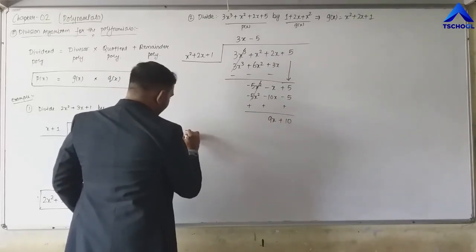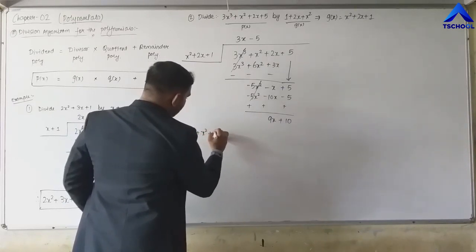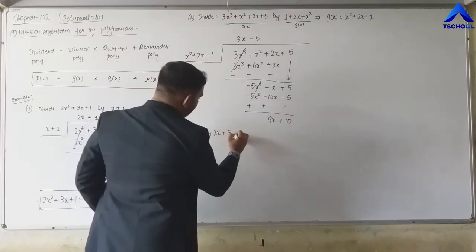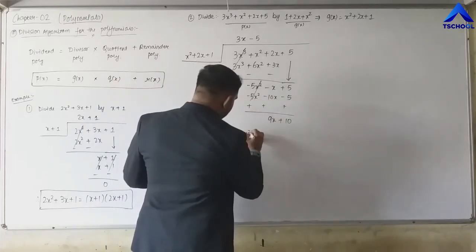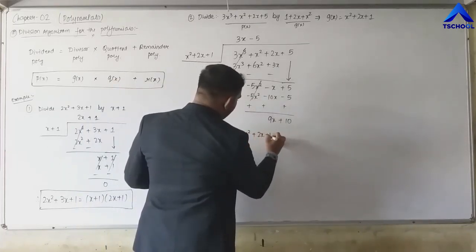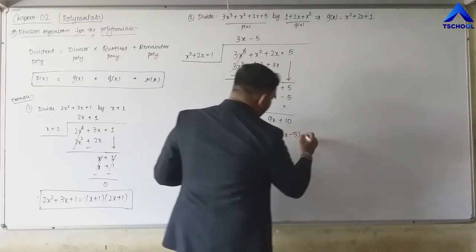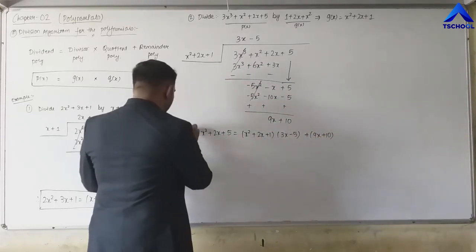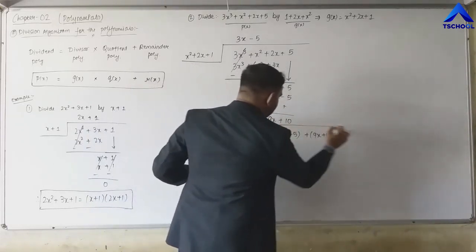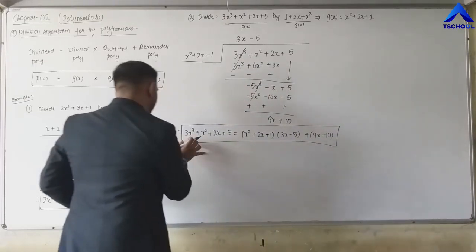Therefore, 3x cube plus x square plus 2x plus 5 in the division algorithm can be written as x square plus 2x plus 1 into 3x minus 5 plus 9x plus 10. That is the final step of the sum, writing down the division in the form of a division algorithm.